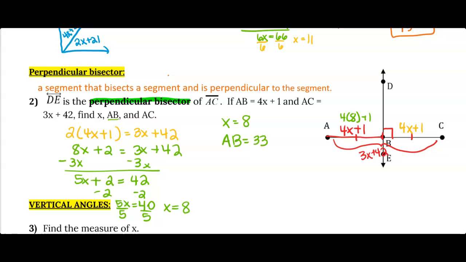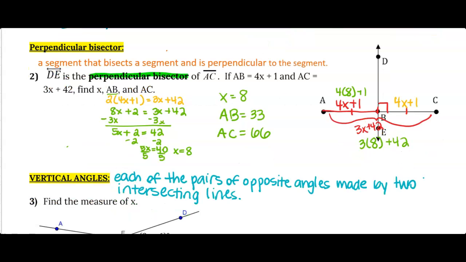Plugging into AC, we get 3 times 8 is 24, plus 42. So we get AC is equal to 66. If it hadn't been 66, then we would know that something was wrong since it needs to be twice AB. But it's always a good check to plug it into both segments to make sure.